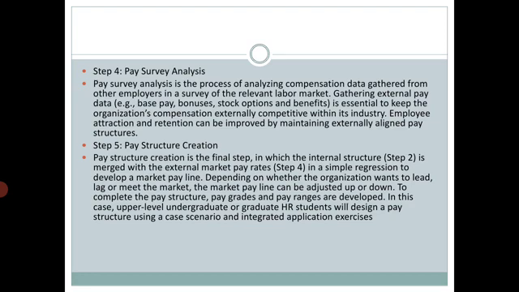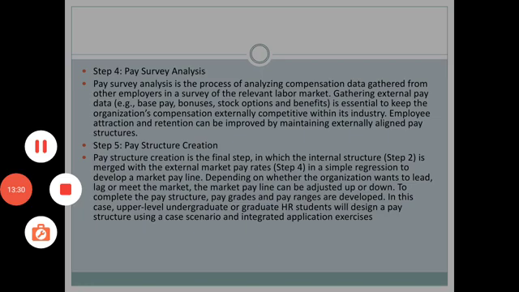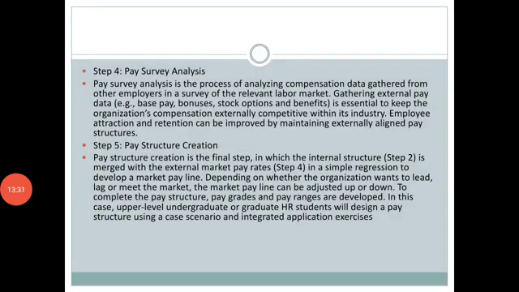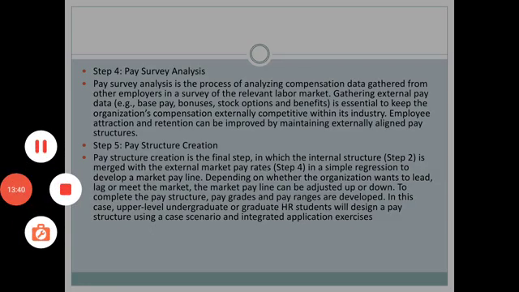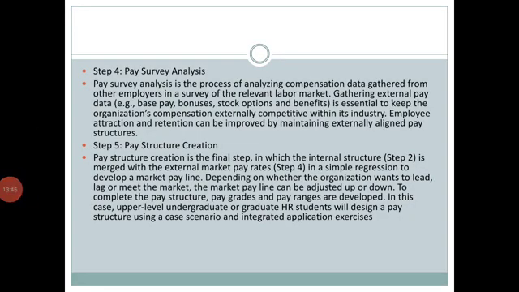It is actually a process through which the compensation data is analyzed, gathered from other employers in a survey of the relevant labor market.